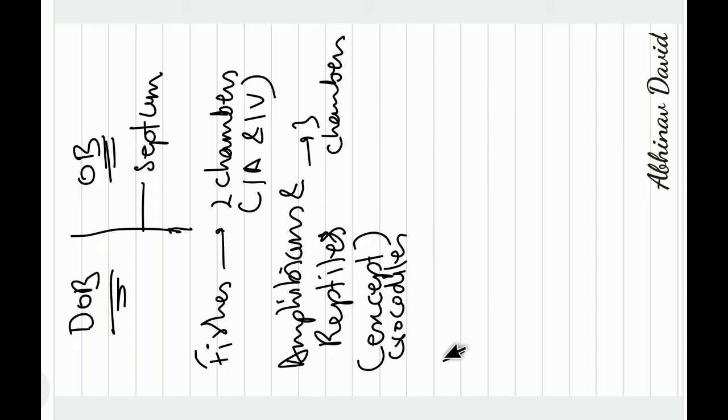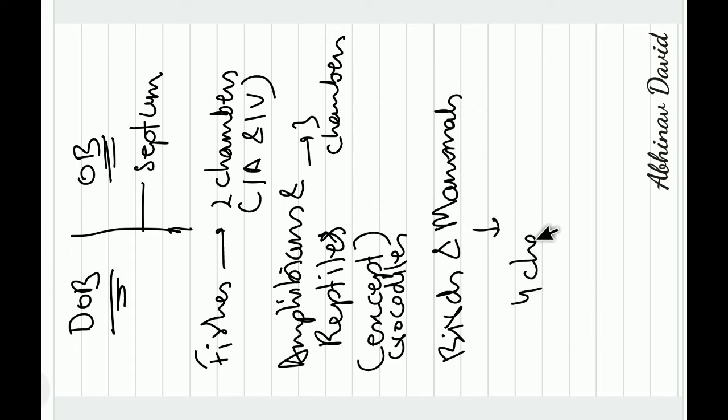And then birds and mammals have 4 chambers in their heart. Why do they have 4 chambers? Because here the oxygenated and deoxygenated blood is completely separated.